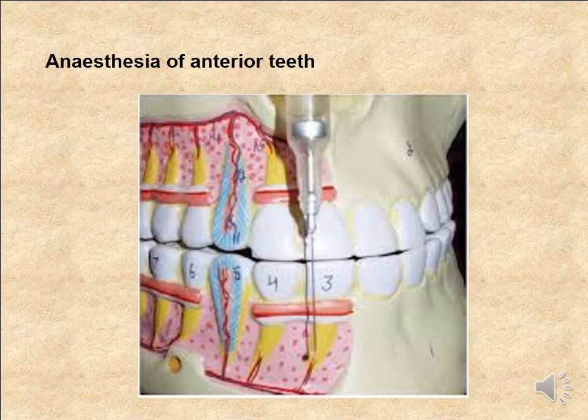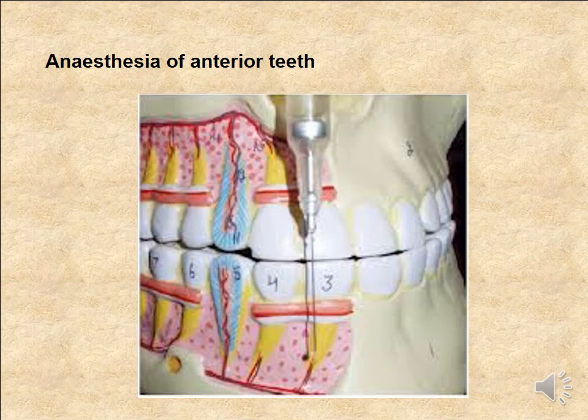Anesthesia for anterior teeth. We know that in children and young adults, up to adolescence, the cancellous bone of the anterior teeth is more porous than the posterior teeth.